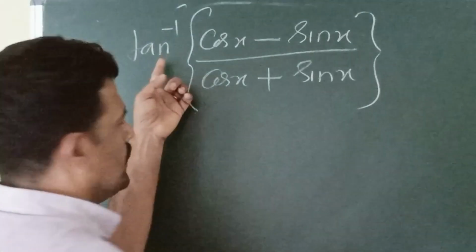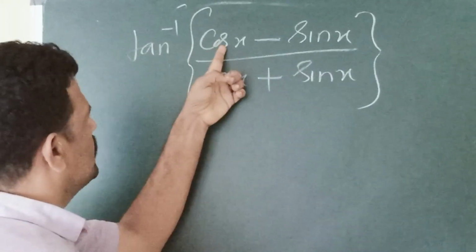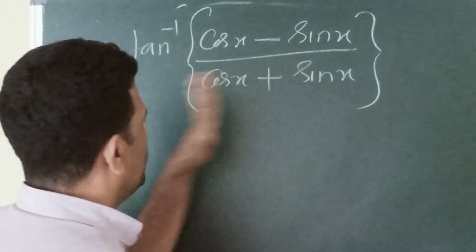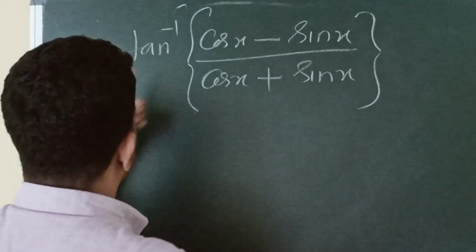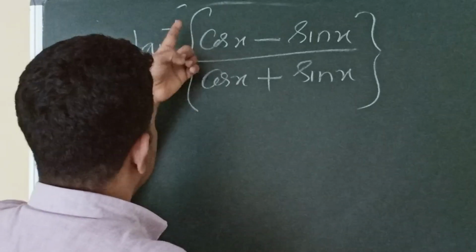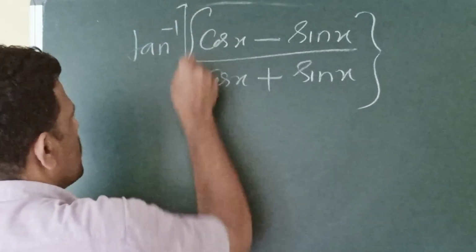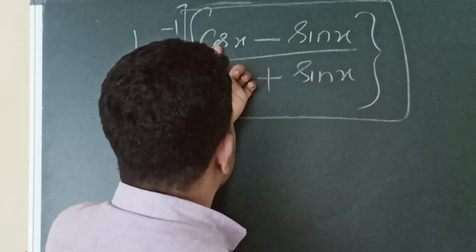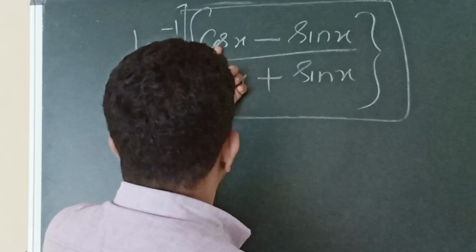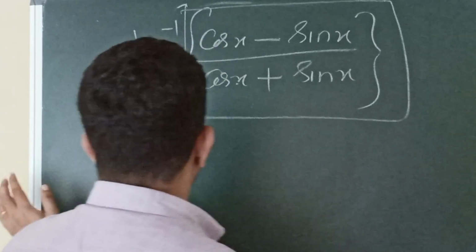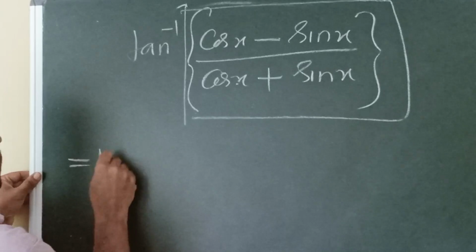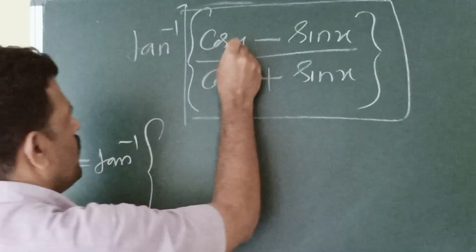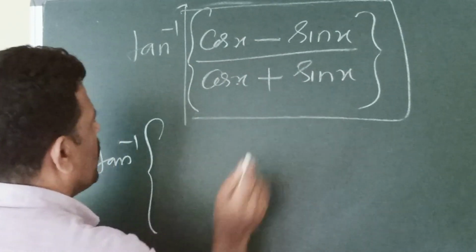Here is another question. Simplify tan inverse cos x minus sin x divided by cos x plus sin x. Here we have to remember one thing. We have to write this trigonometric expression in terms of tan. Then that is the simplest form. For that, I am writing tan inverse, dividing the numerator and the denominator by cos x.